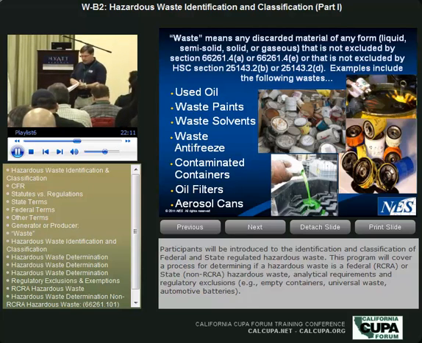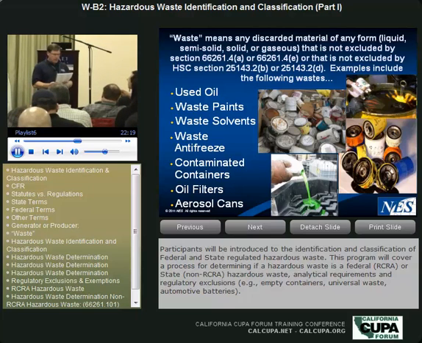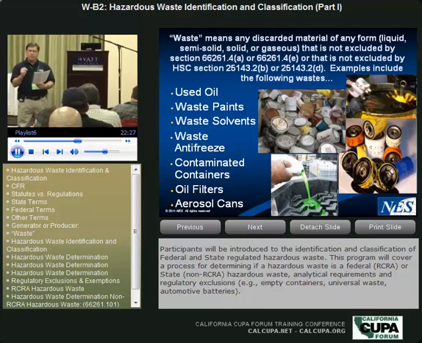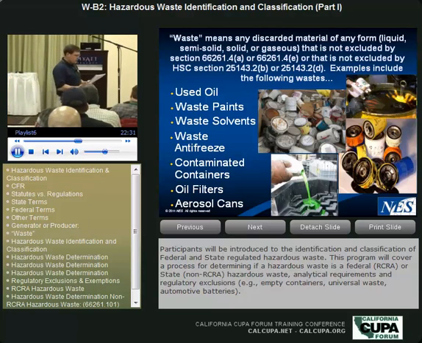A discarded material, by definition, is any material that's been relinquished. Relinquished is defined as anything that is disposed of, burned, incinerated, or accumulated, stored, or treated but not recycled, before or in lieu of being disposed of, burned, or incinerated. And a material is also considered to be recyclable. It goes on to state essentially the definition of recycling.